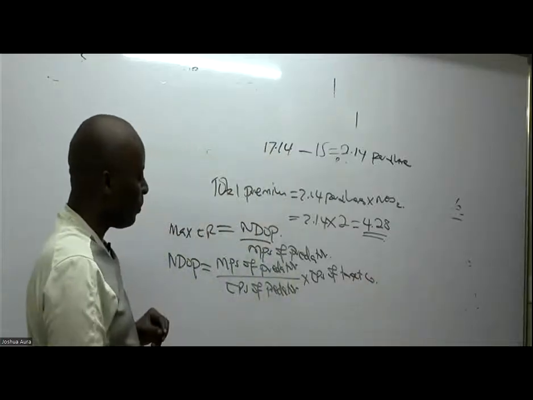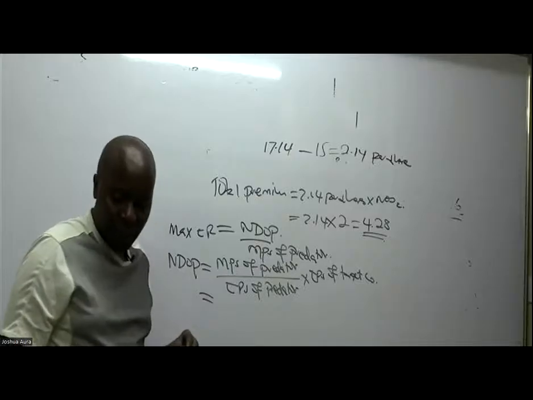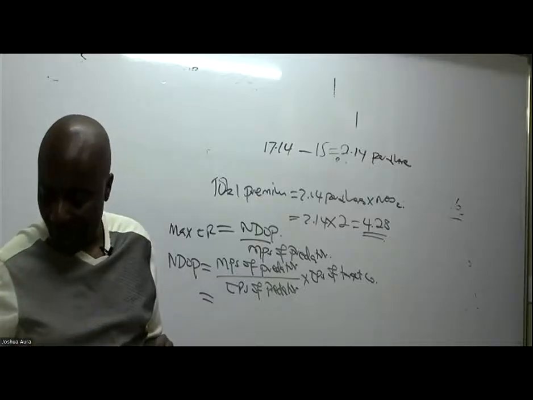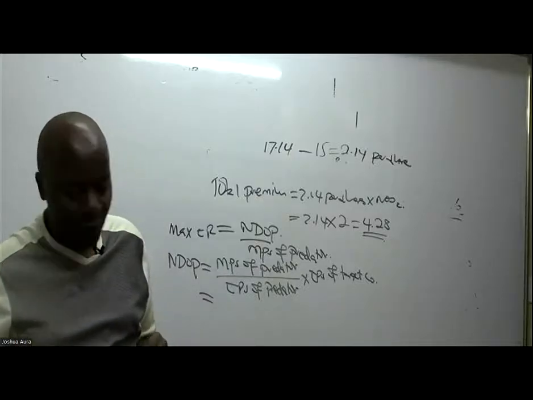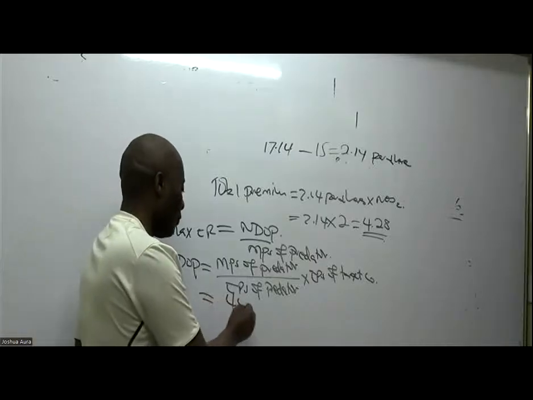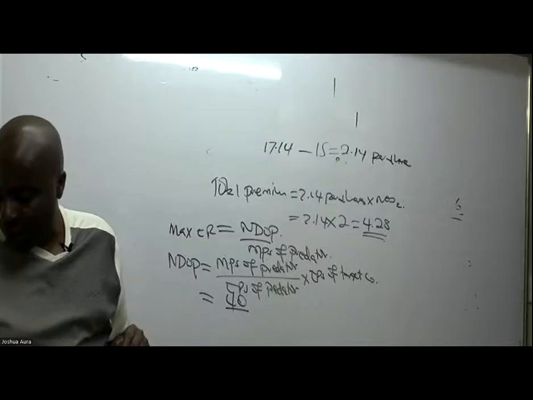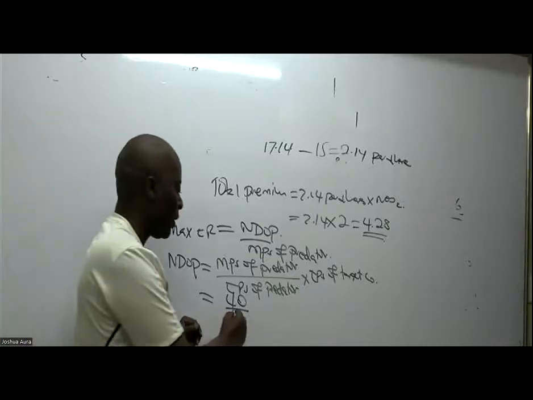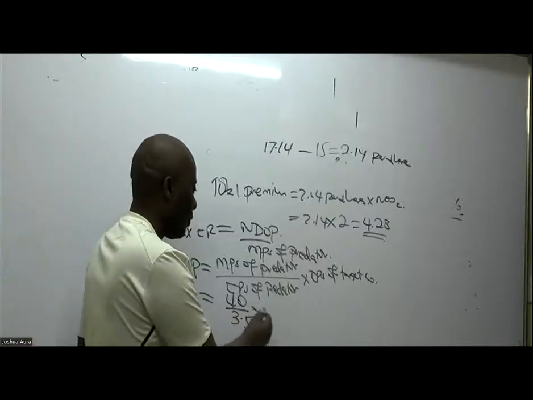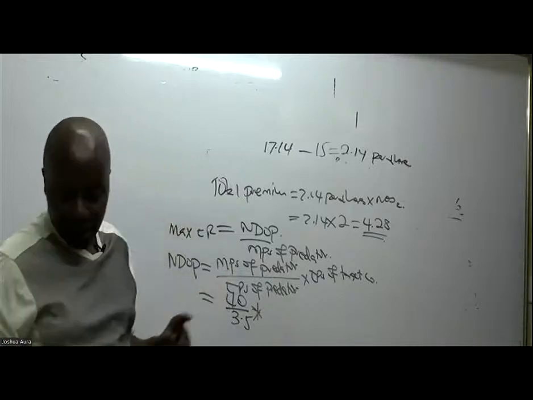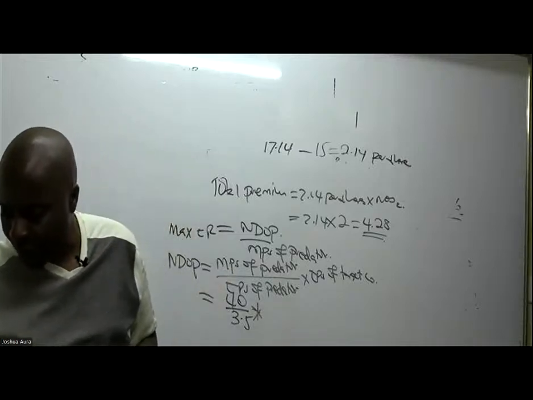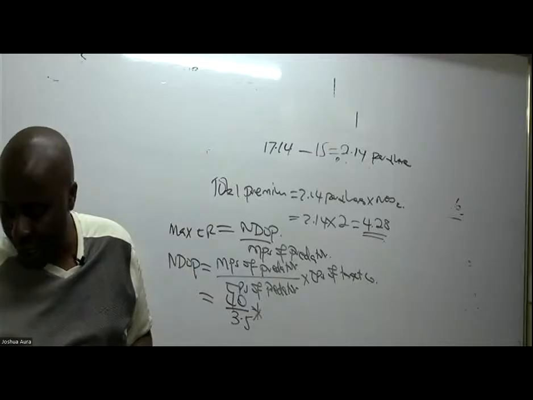The MPS of the predator has been given already; it is 40. So we have 40 divided by the EPS of the predator, which is 3.5, times the EPS of the targeted company, which is 1.5.